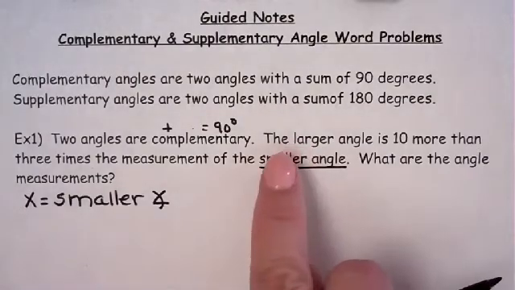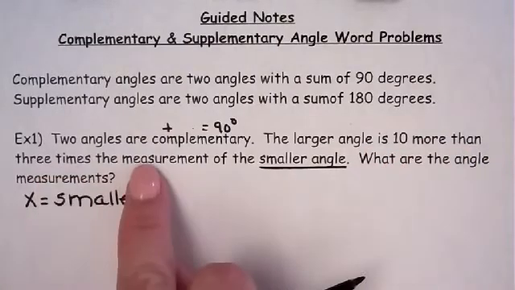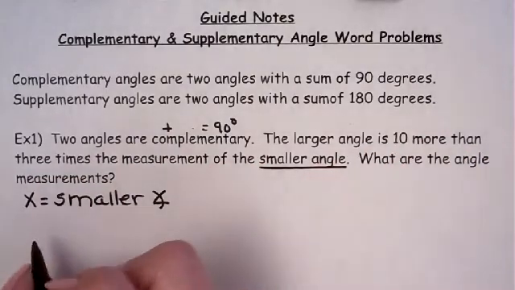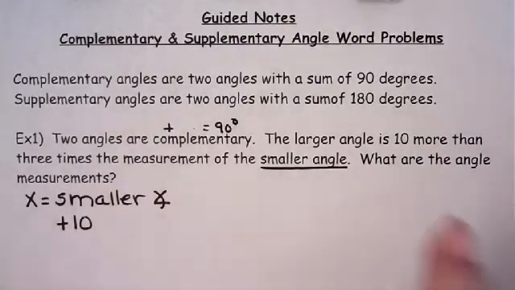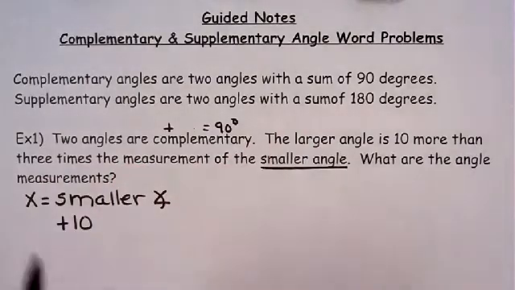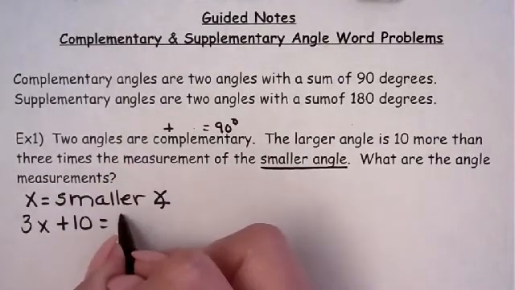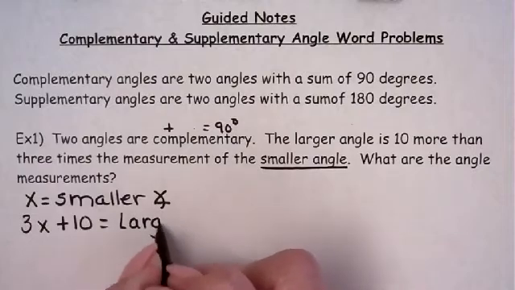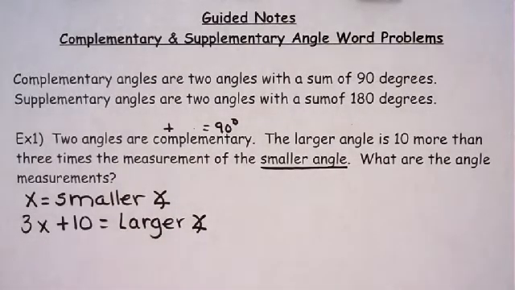The larger angle is 10 more than 3 times the measure. So 10 more means I'm going to add 10 to 3 times the measure of the smaller angle. So that's going to be 3x plus 10, and it's going to be the larger angle. That makes sense, because you're multiplying and adding to it. So there are the measurements for your two angles.